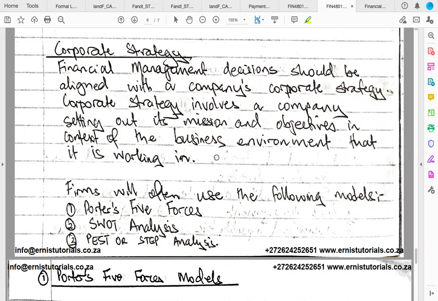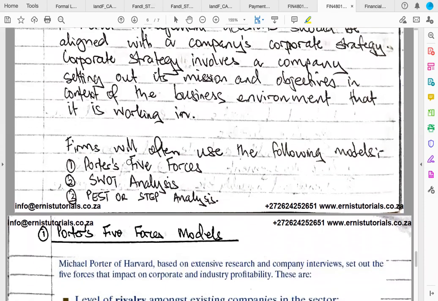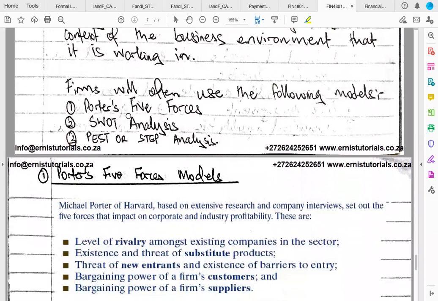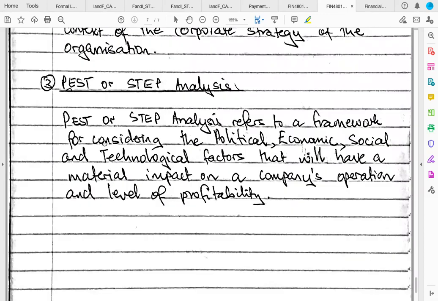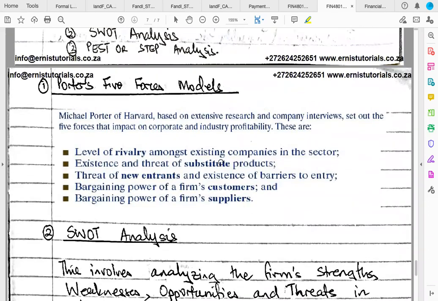The two are intertwined. So usually corporate strategy can be devised using a number of models. You might have come across these if you did strategic management. There's Porter's 5 forces, there's SWOT analysis, which is strengths, weaknesses, opportunities, and threats. And there's PEST or STEP analysis, which is political, economic, social, and technological factors that might affect the company.